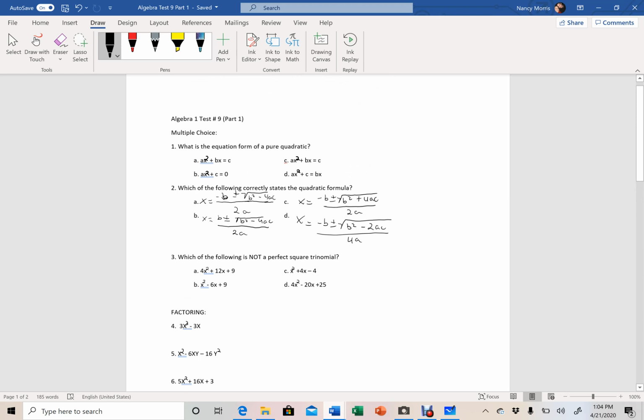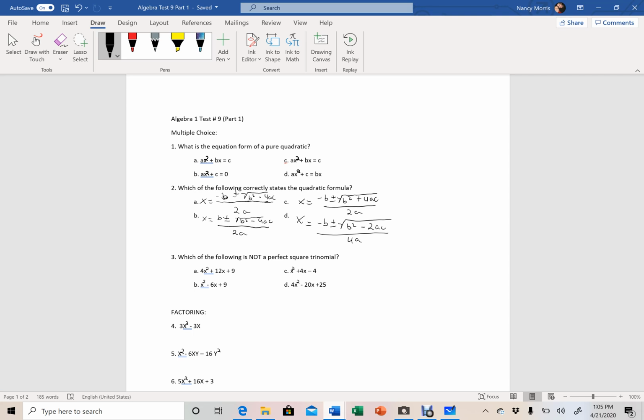Now, when we're doing this test, first of all, make sure you put at the top of your paper Algebra 1, test number 9, part 1, and then put your name on it, okay? And then your answers can go as follows. I do not need the entire written out question, just the number and your answer, unless it is a math problem.